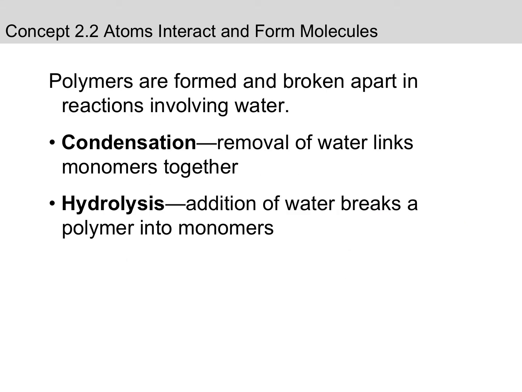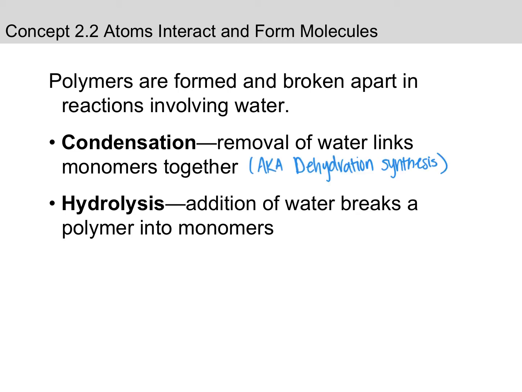Polymers are formed and broken apart in reactions involving water. There are 2 important terms you need to know for the formation and the breakdown of these polymers. The first is called condensation, which is the removal of water, and that's going to link monomers together. In other words, condensation reactions build up the polymers, and sometimes you'll see the process of condensation called dehydration synthesis.